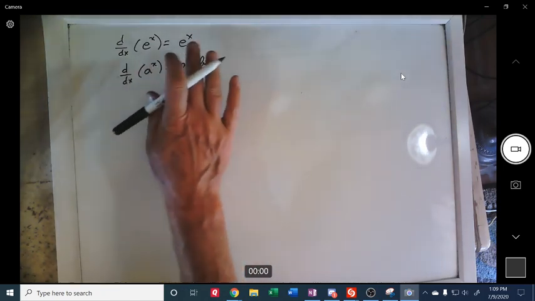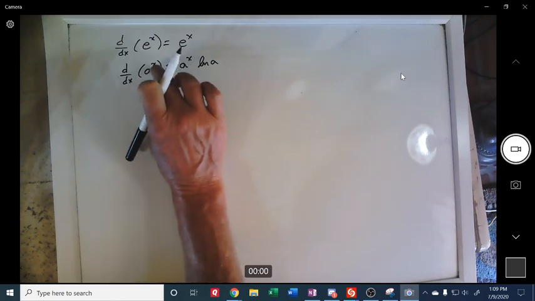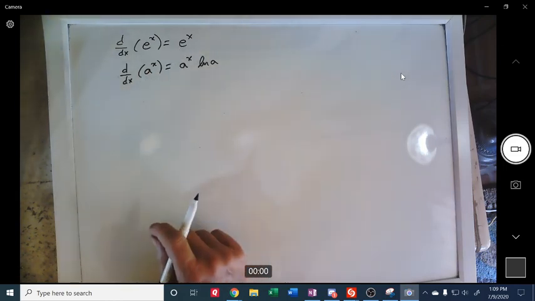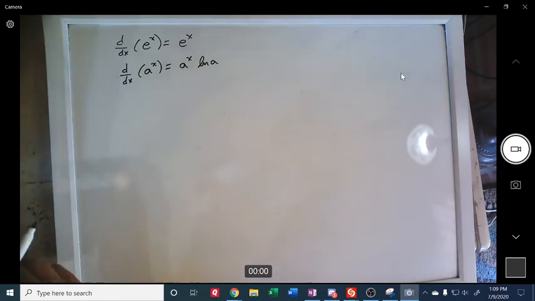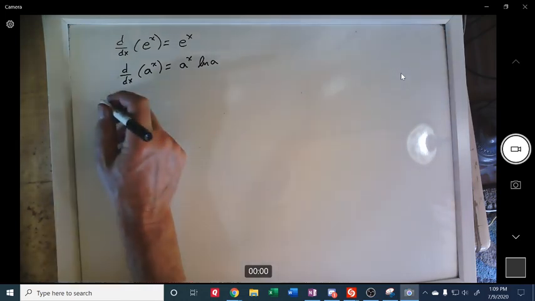And of course, each of these can be generalized for a more complicated thing like a u up there. Okay. And now we're going to go to our third case, which is a theorem.